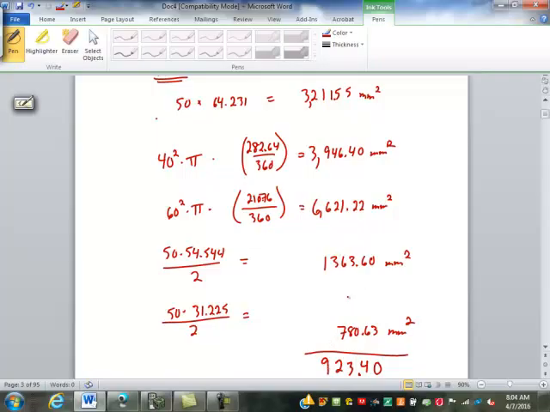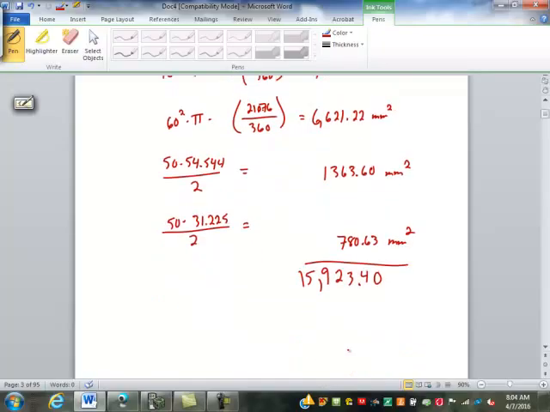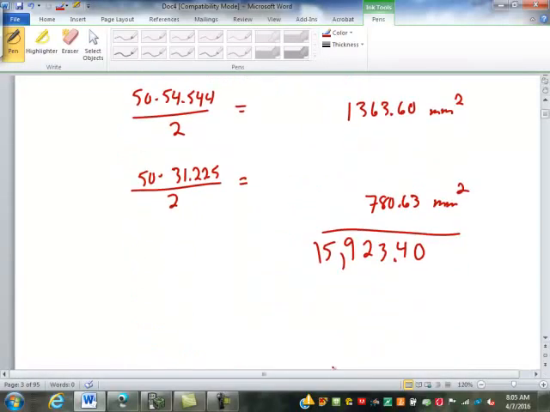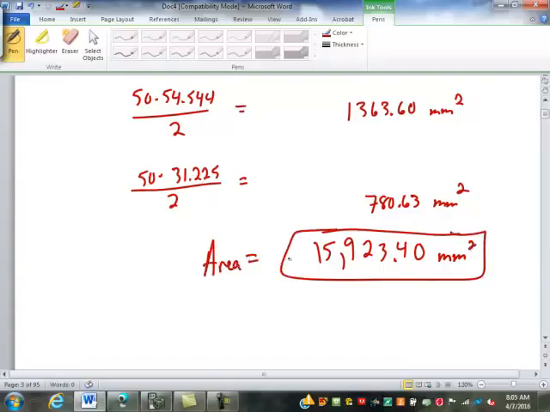So 15,923.40. Does that look right? Looks like it should be way more difficult than that, doesn't it? It's just a matter of finding the pieces.